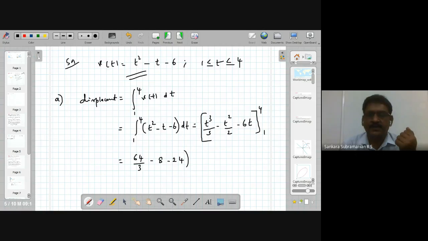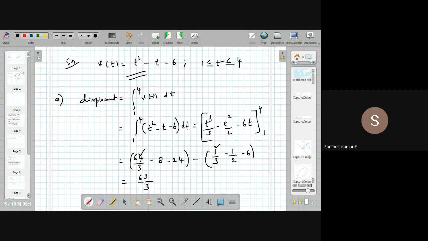This is the upper limit. Minus, if you go with the lower limit, you get 1 by 3 minus 1 by 2 minus 6. So 64 by 3 minus 1 by 3 will give you 63 by 3, which is 21.